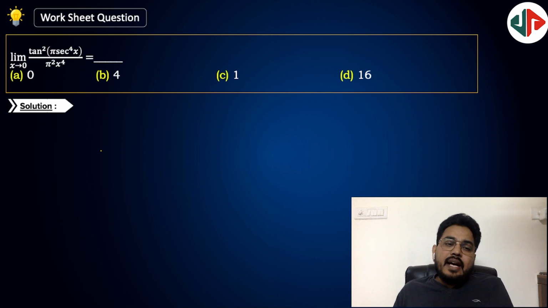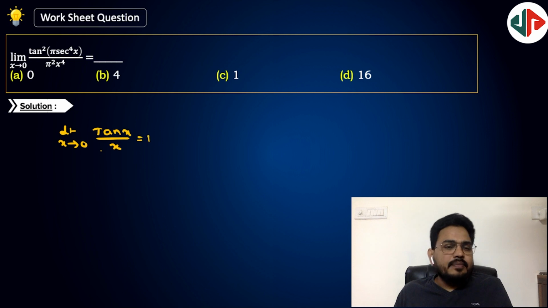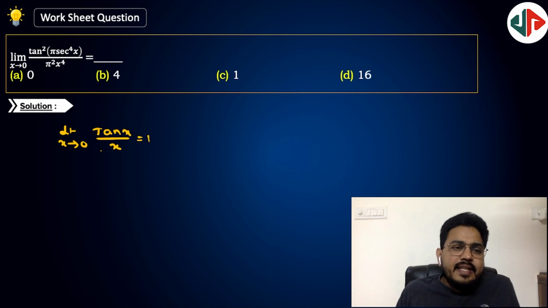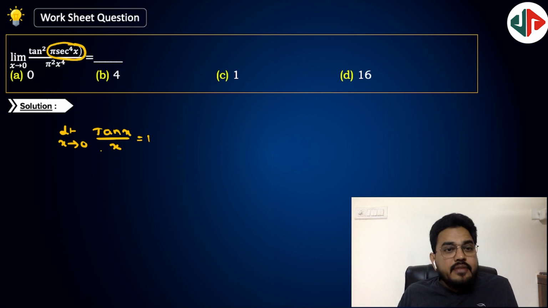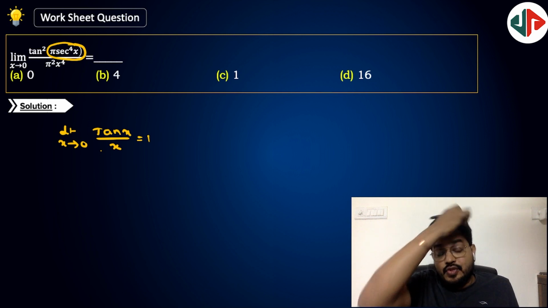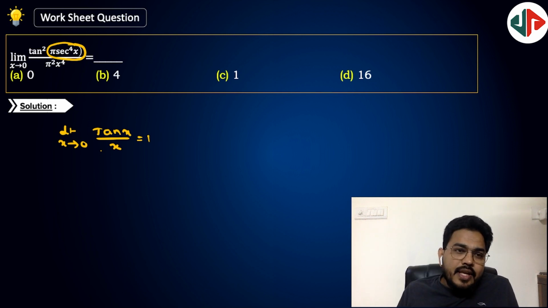Instead of that, I will use the formula limit x tending to 0 of tan x by x is equal to 1. As x tends to 0, this value is going to pi, but not 0.